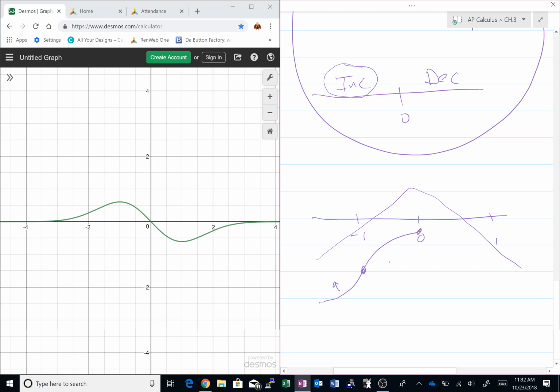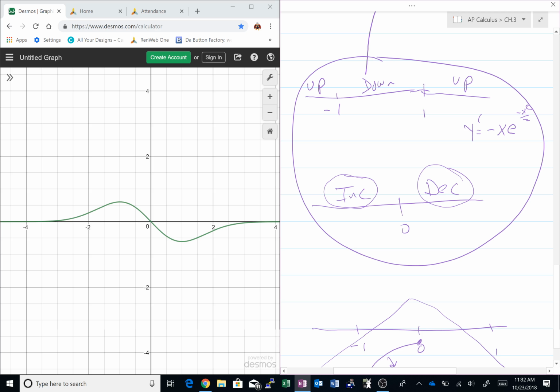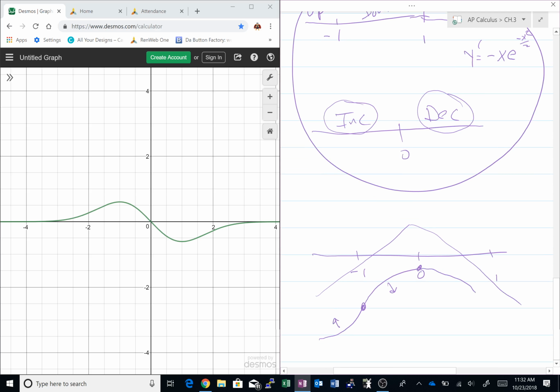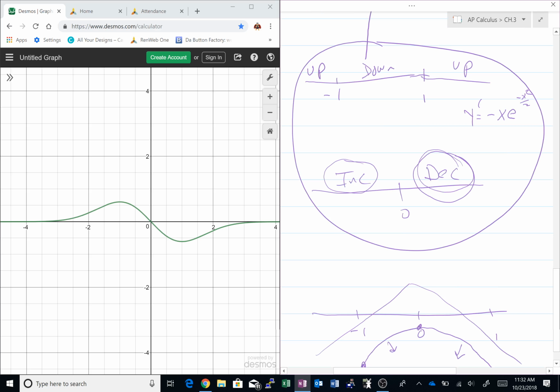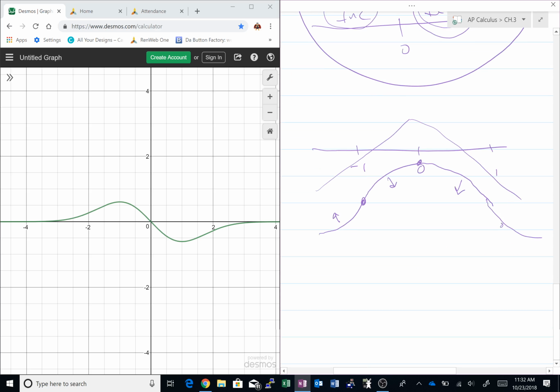On the right of 0, I'm decreasing, still concave down all the way up to 1. As soon as I hit 1, I'm concave up, still decreasing. Increasing all the way to 0, decreasing everything to the right of 0.